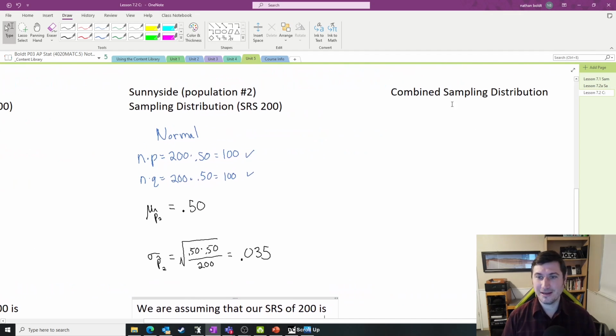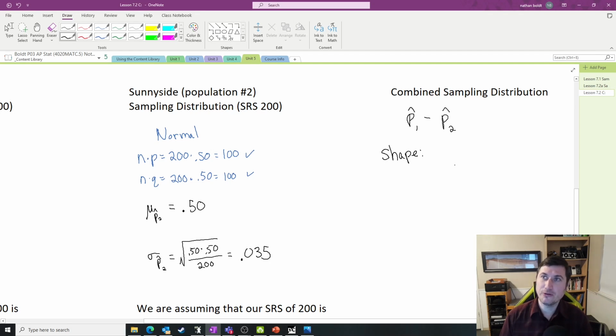So our combined sampling distribution here is going to be p1 hat minus p2 hat. So first, what is the shape? Well, if I take a normal distribution and I subtract a normal distribution, the shape will again be a normal distribution.